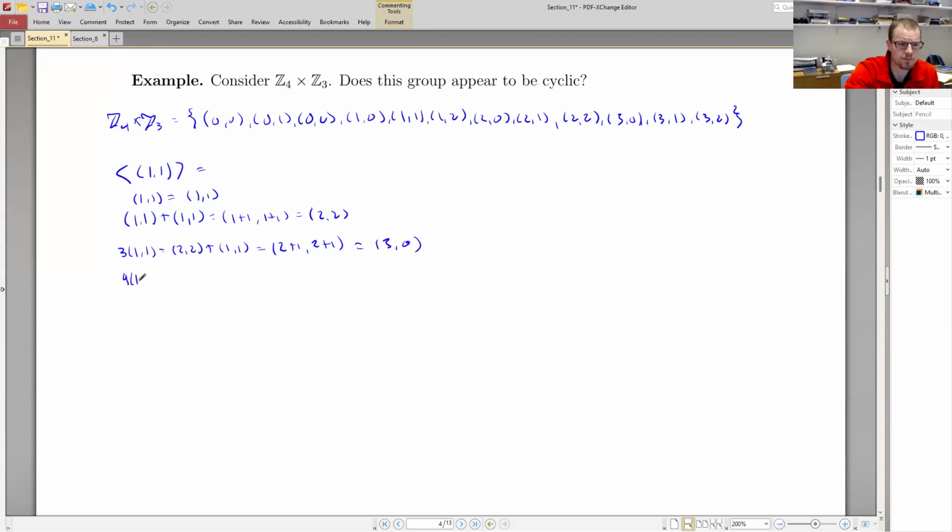And 4 times (1,1), I can certainly think of this as 4 times 1 and 4 times 1. In the case of the first, that gives us 0.